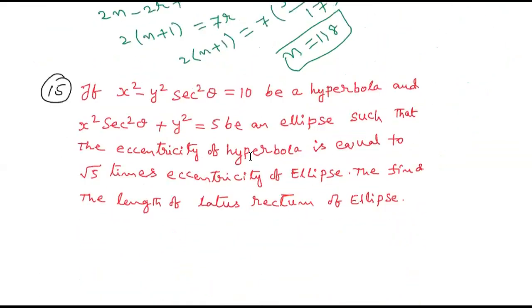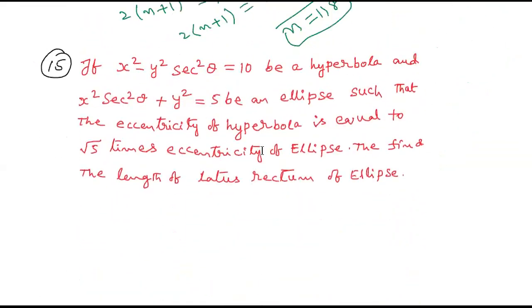This is also easy question. Next, here 15th question. This is a hyperbola ellipse related problem. So here first take the hyperbola. x square minus y square secant square theta is equal to 10 given. So convert in the standard form, y square divided by 10 cos square theta, that is equal to 1.